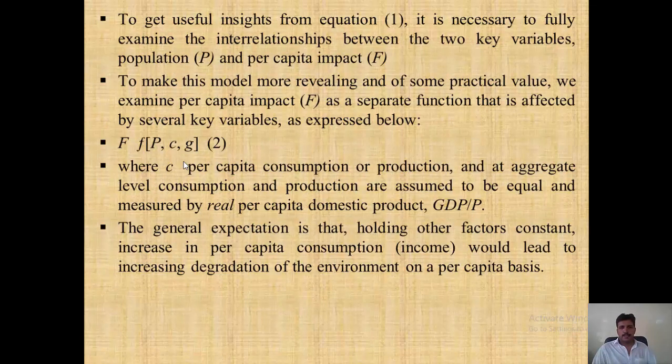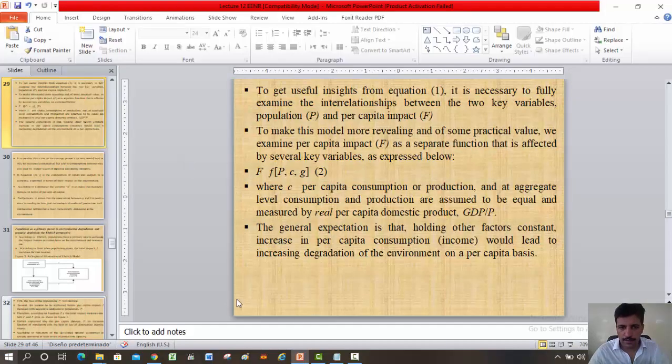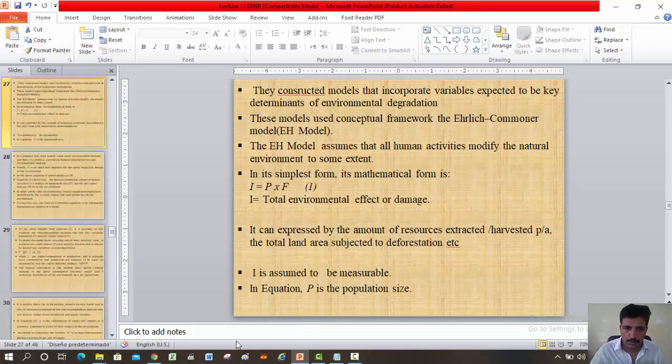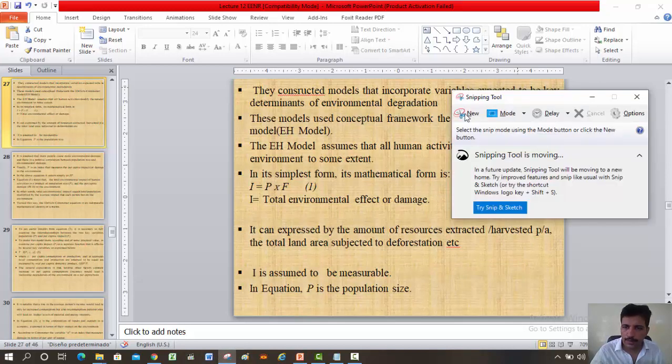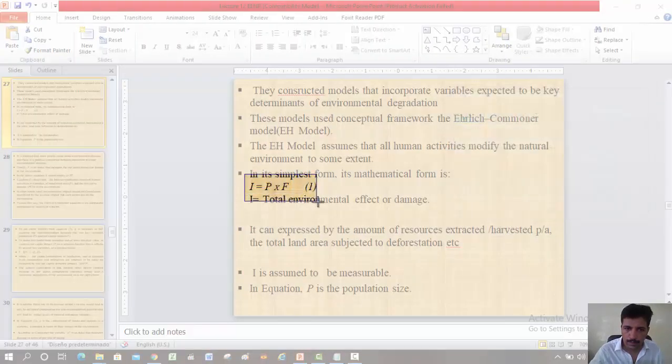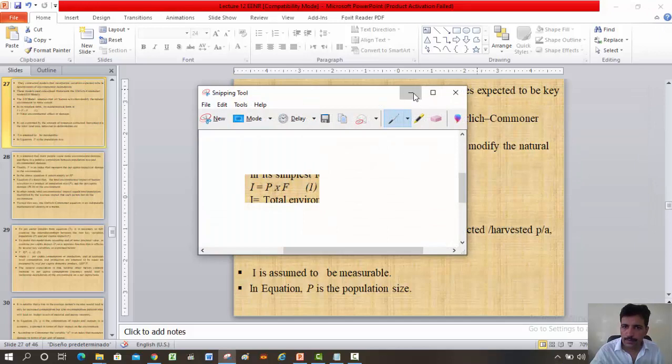To get insights from equation 1, it is necessary to fully examine the interrelationship between the two key variables, P and the per capita impact F. Let me take a screenshot of the equation to make it easy to explain. This is the equation.